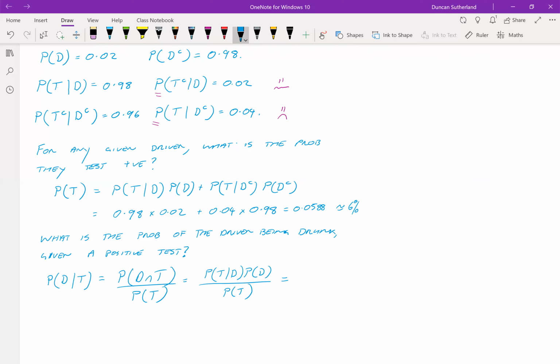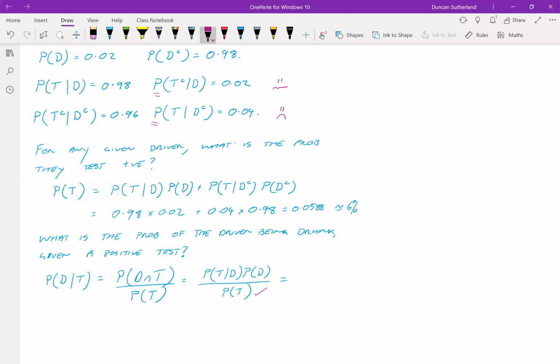We've got all of these items. We've got the probability of positive test. We just computed that using the law of total probability. We were given the probability that they're drunk anyway, right? So that's the 2% of drivers. And we've been told the successful testing, right? Positive test result given that they're drunk.